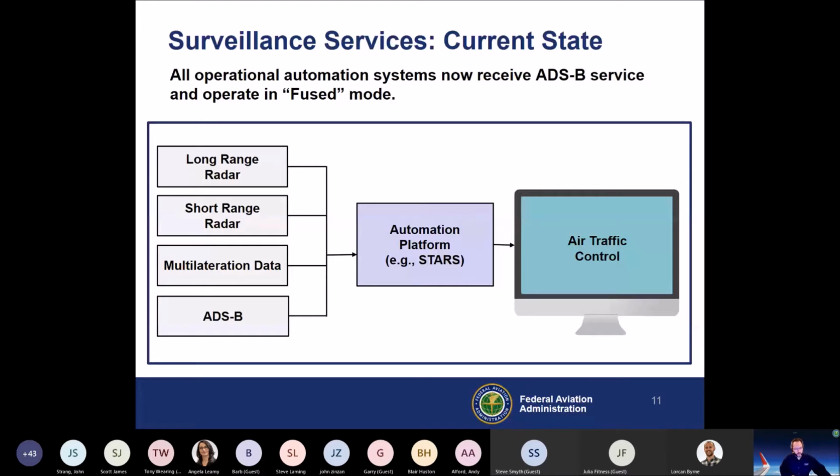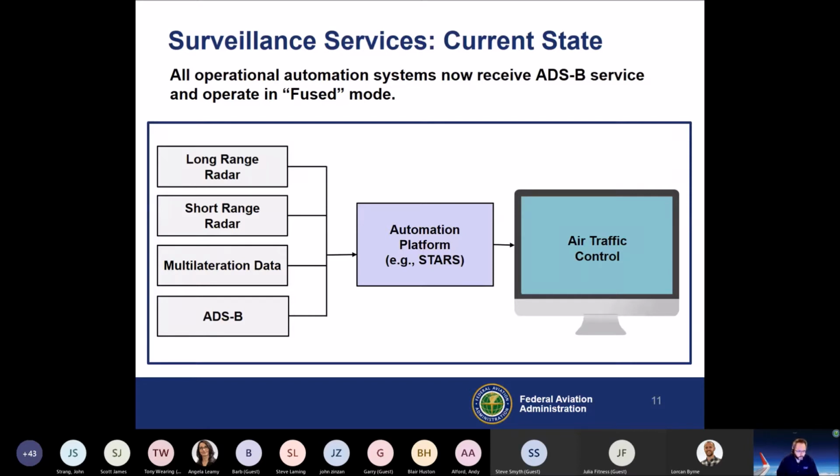And the nice thing about this, there are plenty of advantages to doing things this way. You get the best of all of the different surveillance sources, and you get a high accuracy and high update rate surveillance product. You also have a resilient network built in, so that if you lose a radar system, you still have a full network of surveillance sources feeding that automation platform to still provide surveillance.